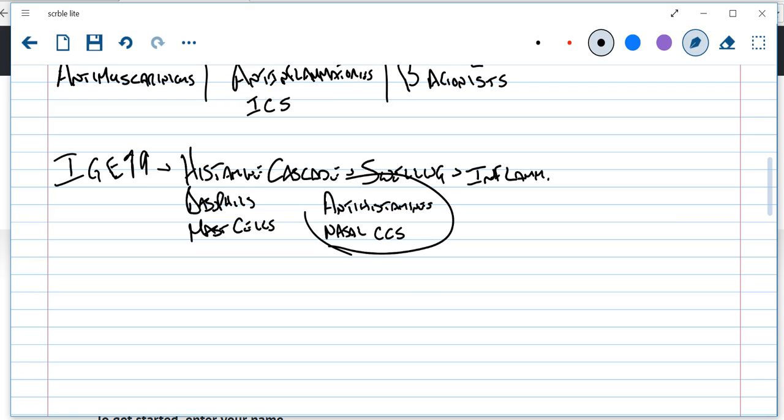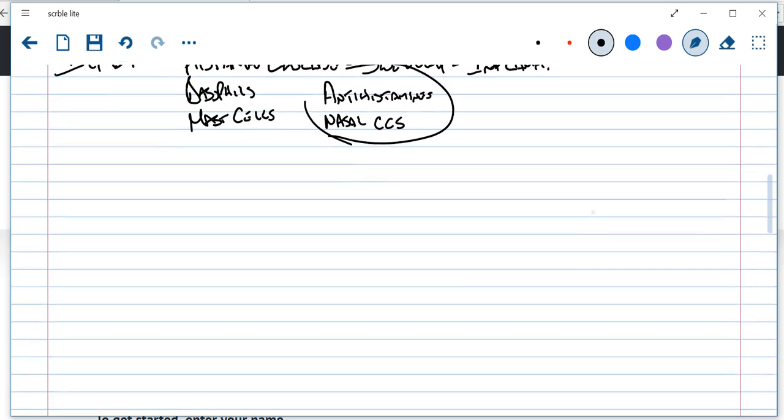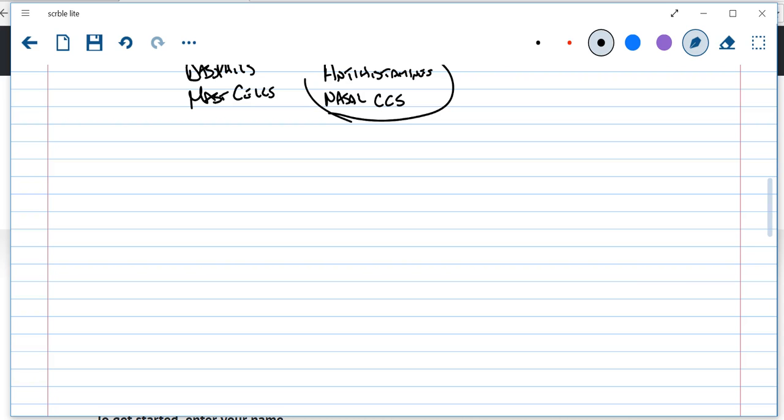So let's talk about the diagnosis of asthma then. It's really based off of subjective history and of course your physical examination, but most of everything is going to focus around triggers, because something is triggering all of that IgE to be released and all of that histamine.